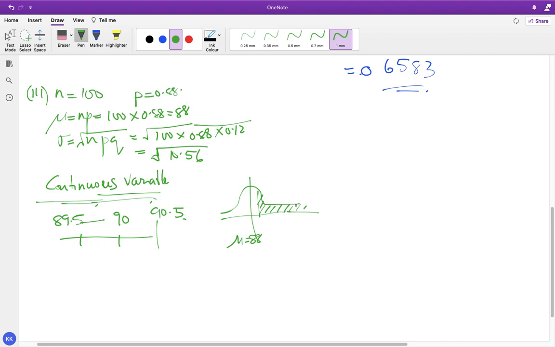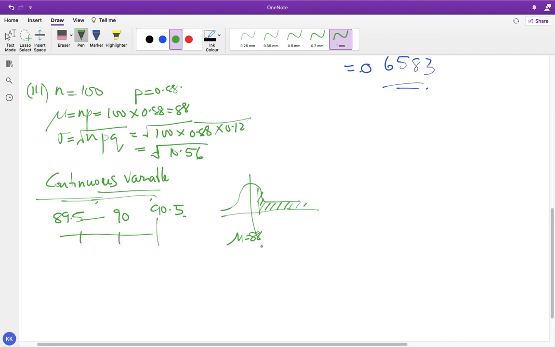For approximation, since it's 90 and it's towards the right, I have to choose not the upper bound 90.5 but the lower bound for 90, which is 89.5. So find the z-score using 89.5 minus 88 over the standard deviation, the square root of 10.56, and use the calculator.